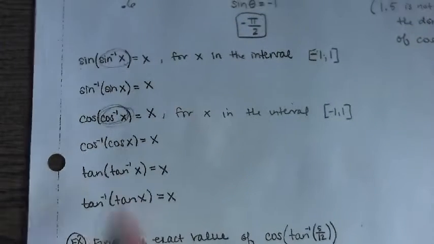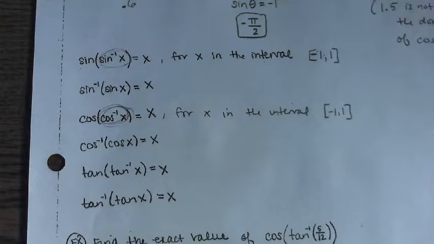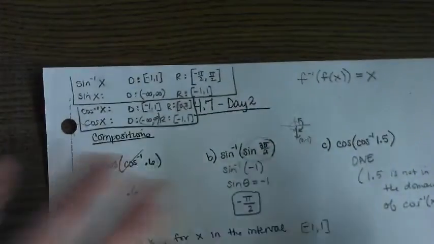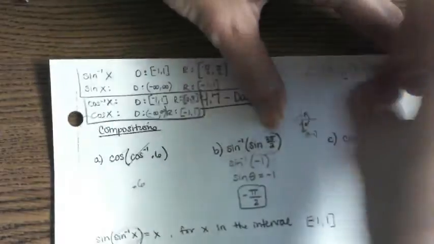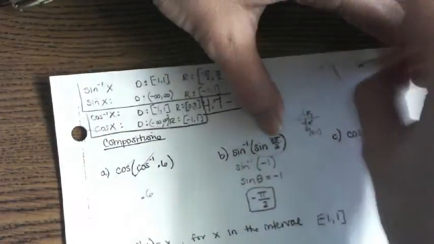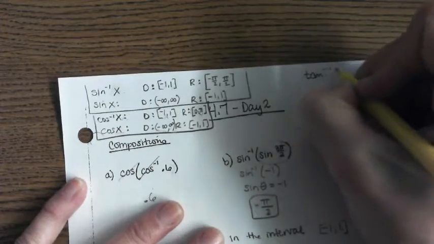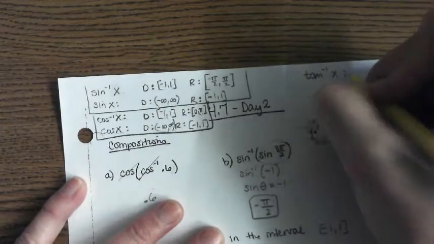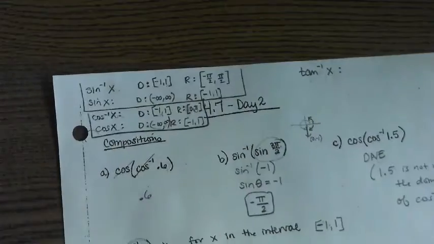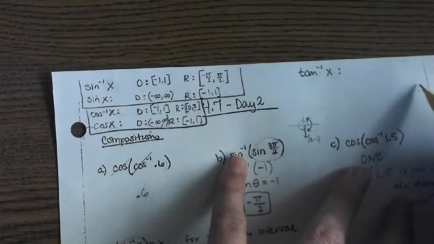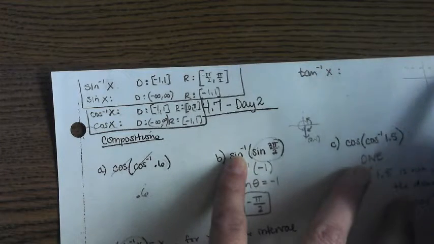What about tangent? Let's go back up here. I'll get rid of this. And let's remind ourselves what happened with tangent on Friday. So what was the domain of the inverse tangent? I'll give you a reminder of what the graph looked like.